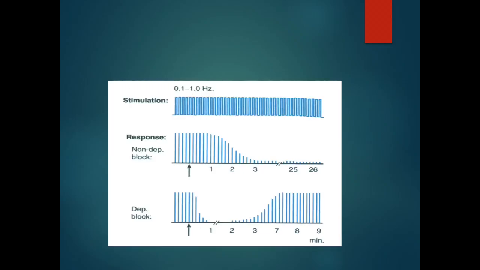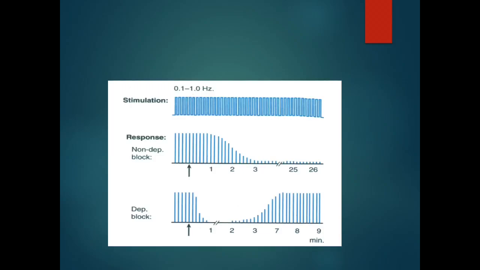As I told you, the non-depolarizing blockade mainly acts by competitive inhibition. Initially the response is of the same amplitude for some time, and over a period of 1, 2 and 3 minutes, there is a fading of the response, and after that it totally disappears.